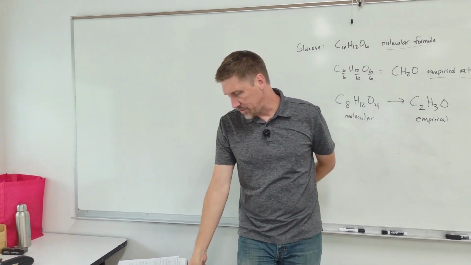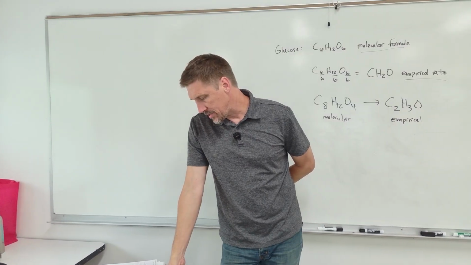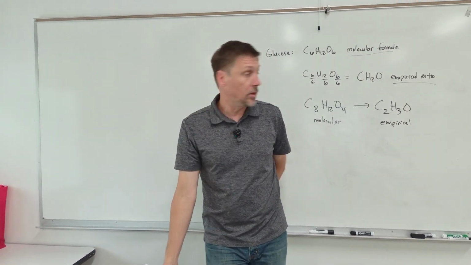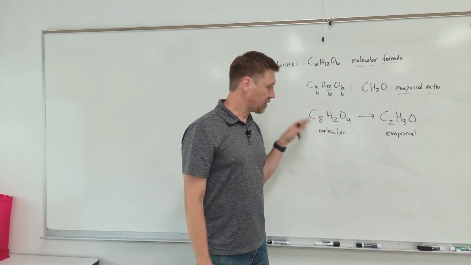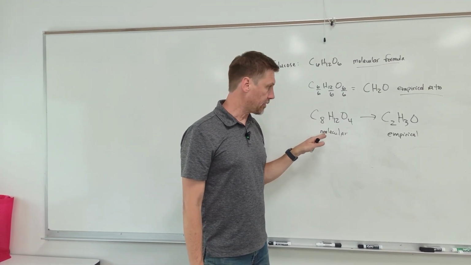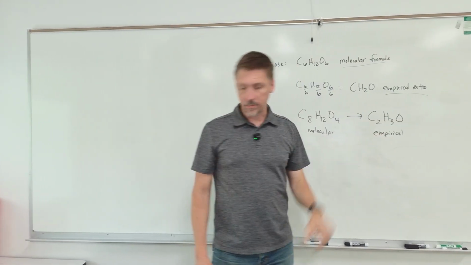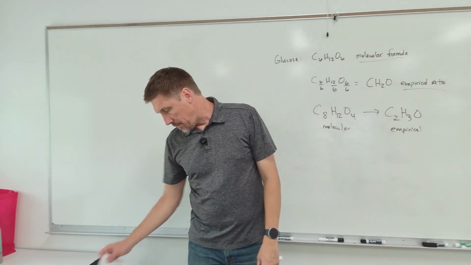Actually, the first question was, is this the empirical or the molecular formula? We would say it is the molecular, because all of the numbers are divisible by another number. Then the second half of the question asked us to give the empirical formula, and we did.